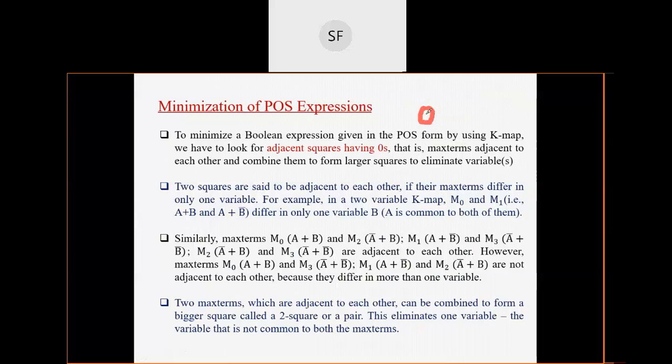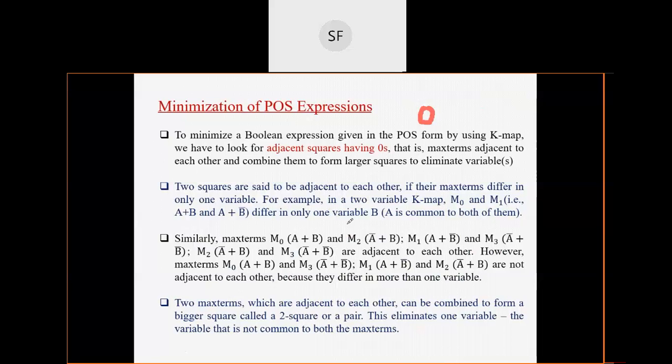Now we will observe how many zeros are present in our K-map and how many of them can be combined. Why we combine two cells? Because in the process of combining two cells, we are eliminating one variable. दो सेल्स अगर आप कंबाइन करते हो तो एक वेरिएबल एलिमिनेट हो जाता है. So this elimination is nothing but the reduction, right? So this is the flow.